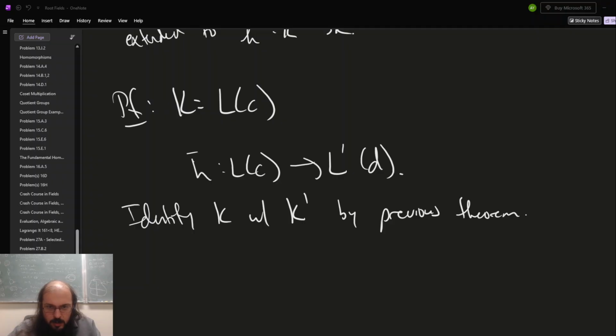So what I'm going to do is we're going to stop this here for now, and we're going to do a bunch of examples coming up. And I will try my best to clarify some of these concepts involving root fields in particular, and fixed fields when we can. We'll try to look at some examples both in characteristic 0 and in characteristic p, because I also said that I would try to give you guys a little bit of flavor for what happens in characteristic p.